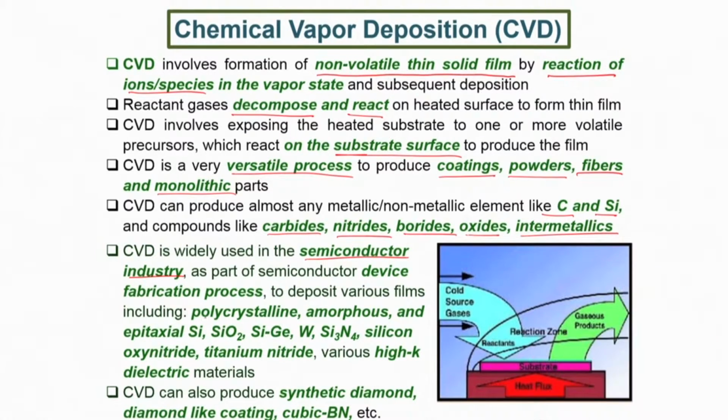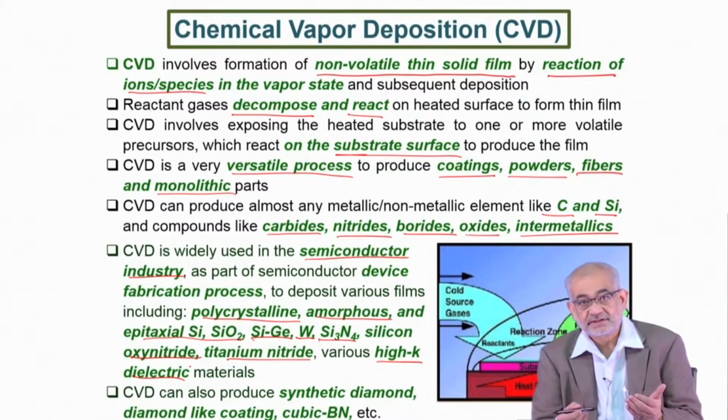We can deposit in the polycrystalline form, in amorphous form, as an epitaxial layer, for example, epitaxial silicon or silicon dioxide layer on semiconductor wafers, silicon germanium wafers, pure metal like tungsten from, say, tungsten WO3, one can actually produce a pure tungsten layer onto the surface, silicon nitride, silicon oxynitride, so a complex compound, similarly titanium nitride, TiN, and even various high dielectric materials.